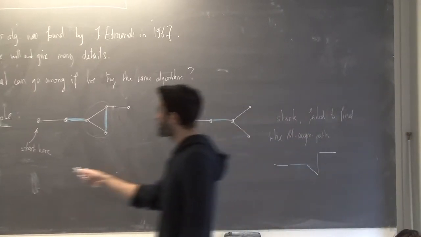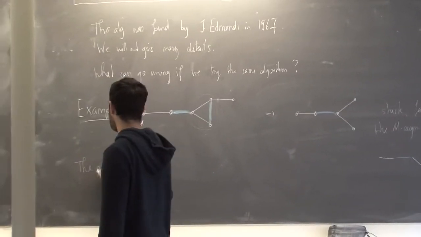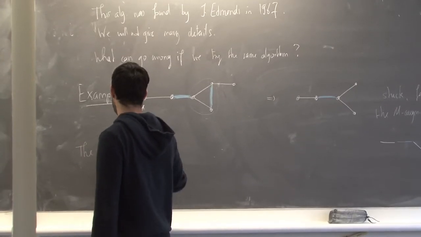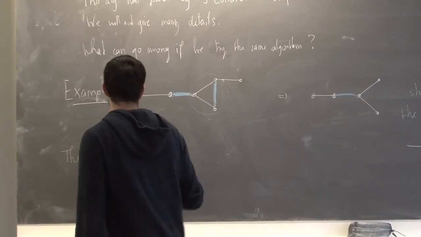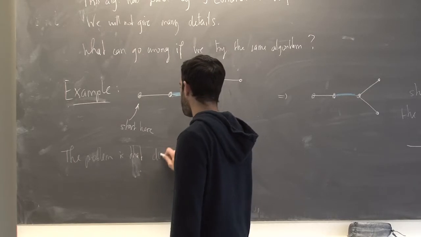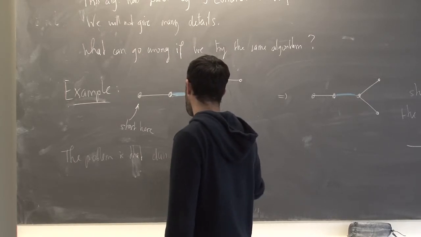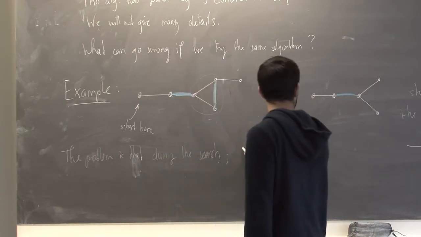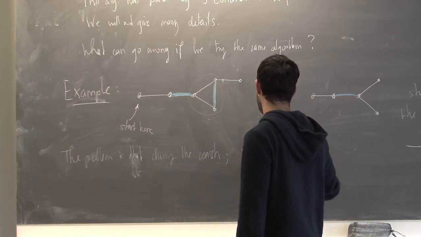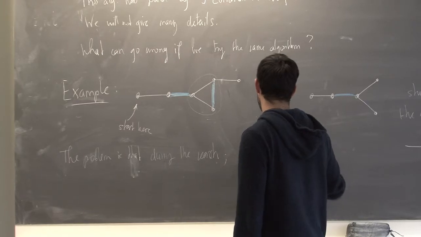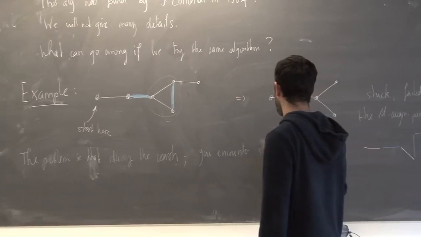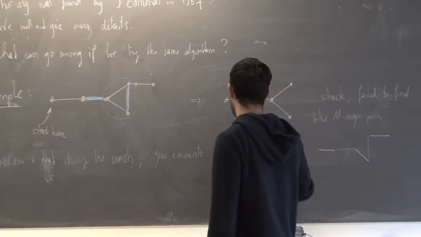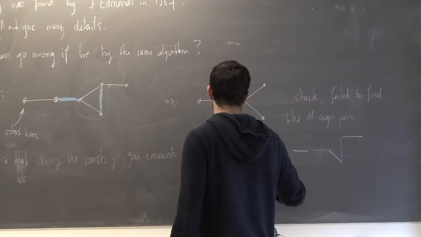So the problem is that during the search, you encounter subgraphs of the following forms. Subgraphs of the form.